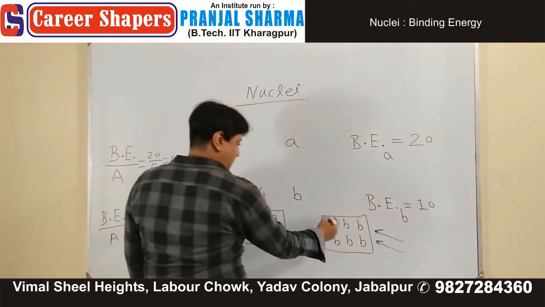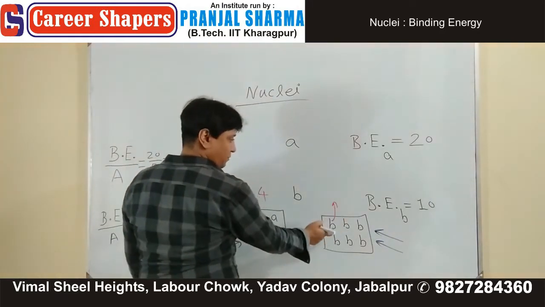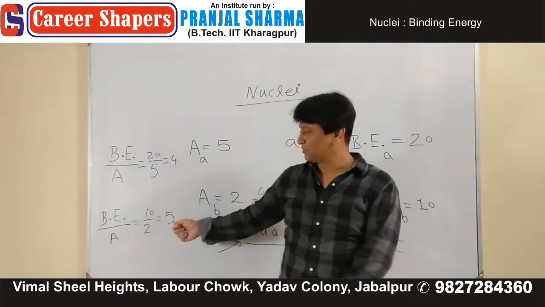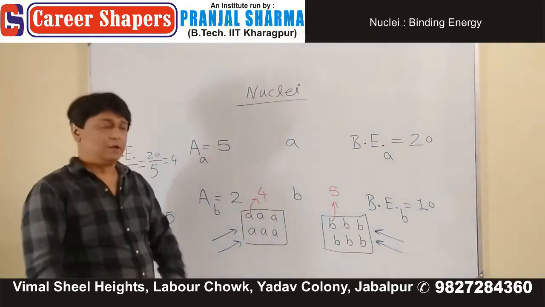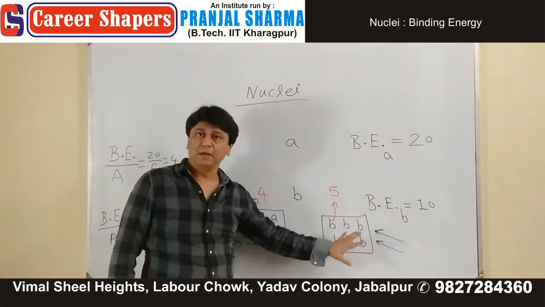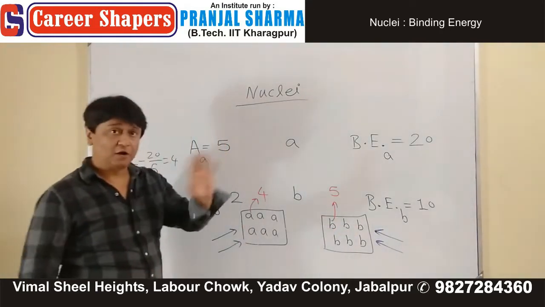The moment the energy per nucleon of B becomes 5, disintegration of B starts.